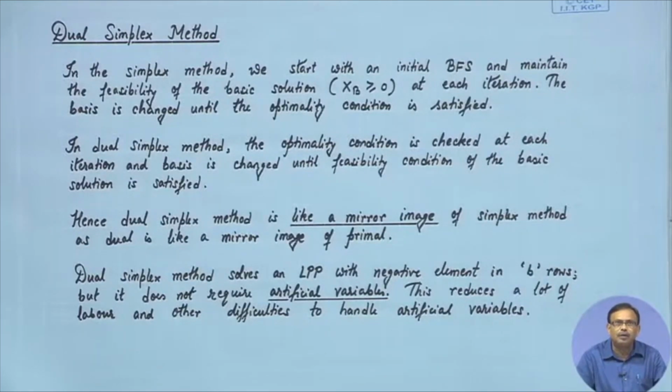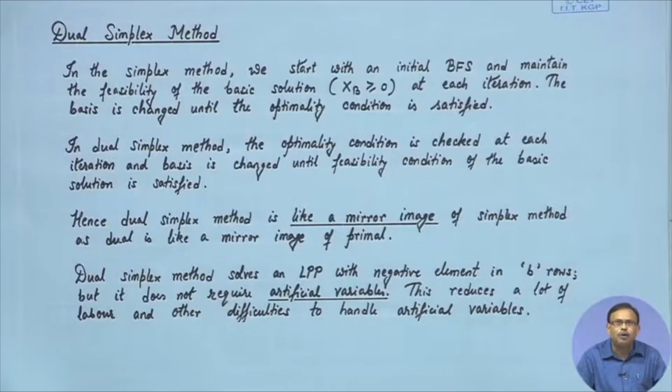The basis is changed until the optimality condition is satisfied. If you remember, the optimality condition is z j minus c j greater than equals 0, and some vector may depart while some new vector enters the basis. In this process, the basis changes until z j minus c j is greater than equals 0. In the dual simplex method, what happens?